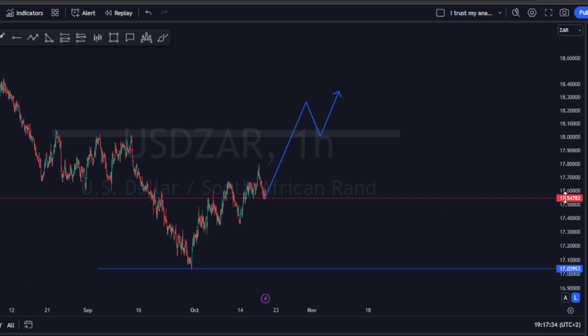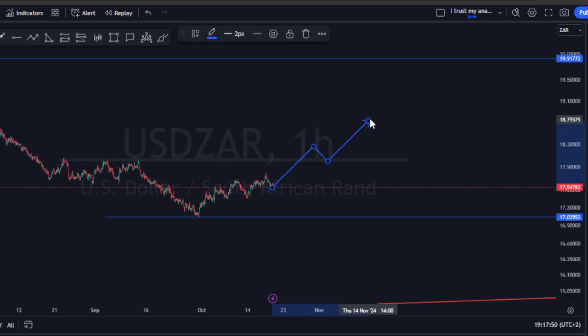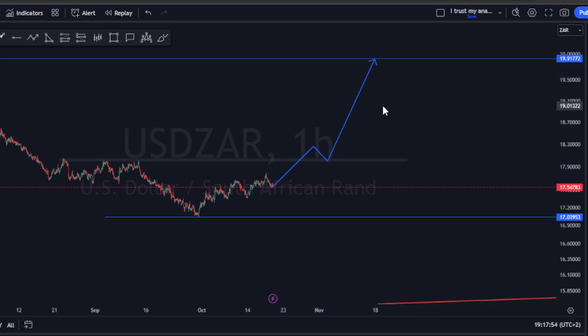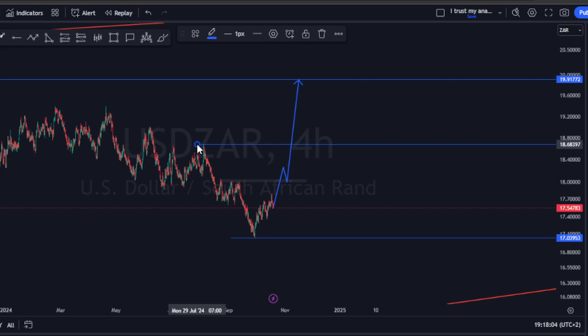This might also be forming a pattern, and then enter the breakout. So we'll just wait and see. Maybe this will be that head and shoulder we were talking about. The right shoulder, I mean.